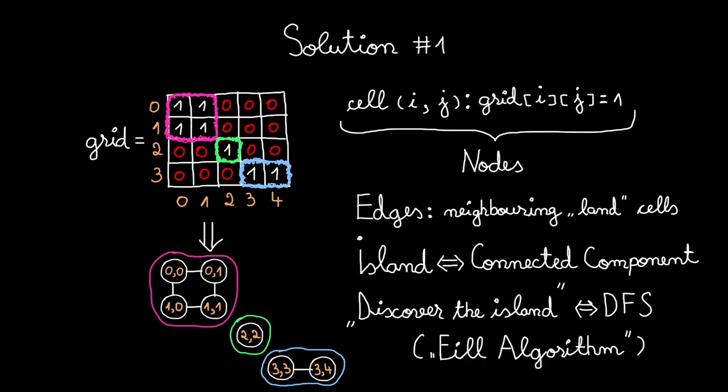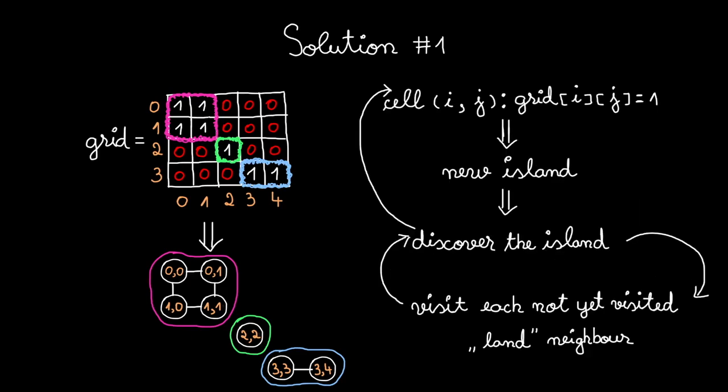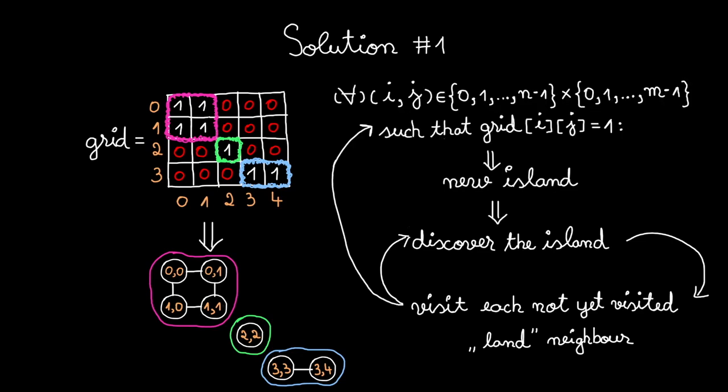Now, let's take another look at our algorithm and figure out the implementation. First step, we are iterating the grid in search of cells equal to 1. We will do this by fixing each and every row, let's call it i, between 0 and n-1, and each and every column, let's call it j, between 0 and m-1, making sure that grid of i and j equals 1. If so, this means that we have found a new island.